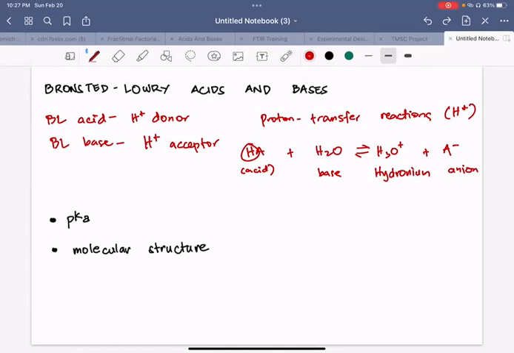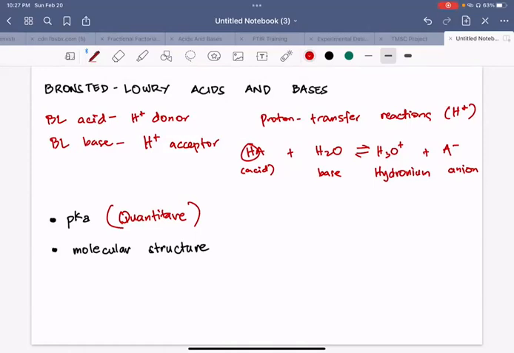The first one is the quantitative one. And this is by knowing the pKa of a certain compound. It's very easy because pKa values you can just search on Google and you will know the acidity of a compound. pKa values are usually experimentally determined, of course, and given on the internet.